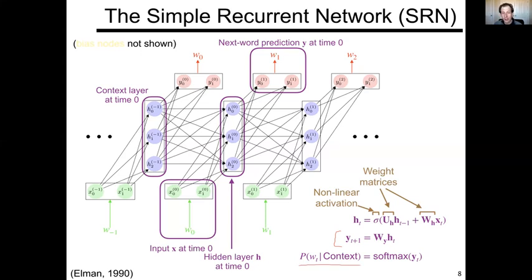So notice that in this model, everything that you need to predict the next word given the entire history is summarized in this hidden layer representation H. So H is this uniform sentence representational space. And that is the simple recurrent network.